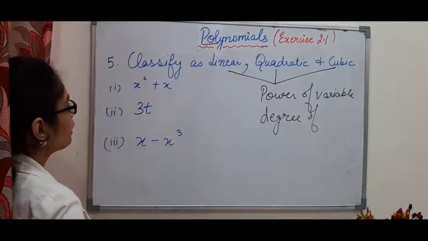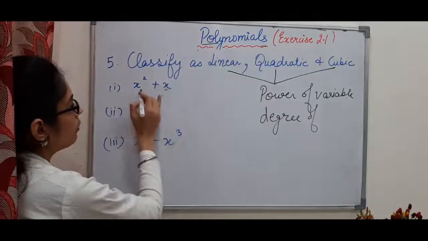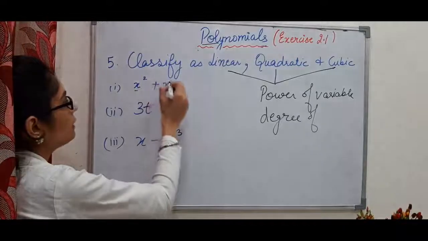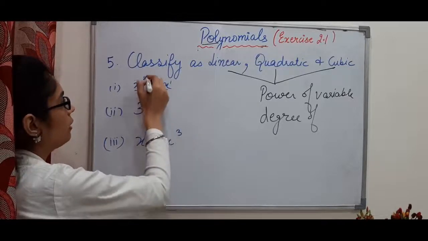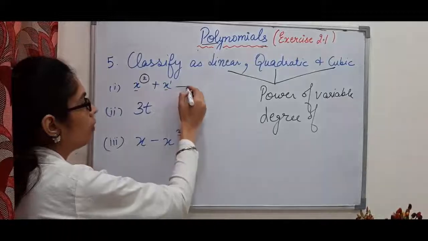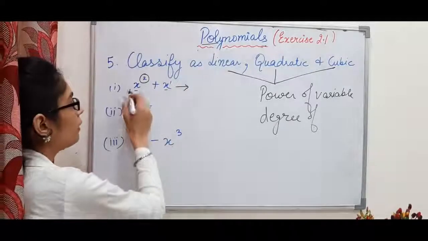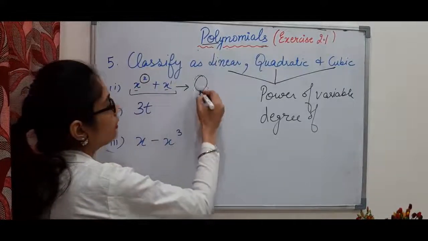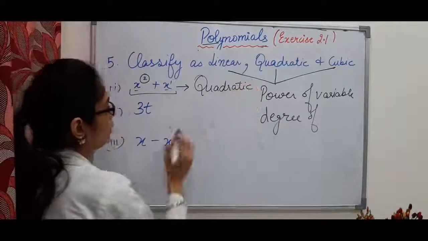In the first expression we have x squared plus x. Here our variable is x, and we have to see the highest degree. The power of this x is 1 and the degree of the other x is 2. So the highest degree is 2, and I have already explained, whenever the highest degree of any polynomial is 2, that polynomial is considered a quadratic polynomial.